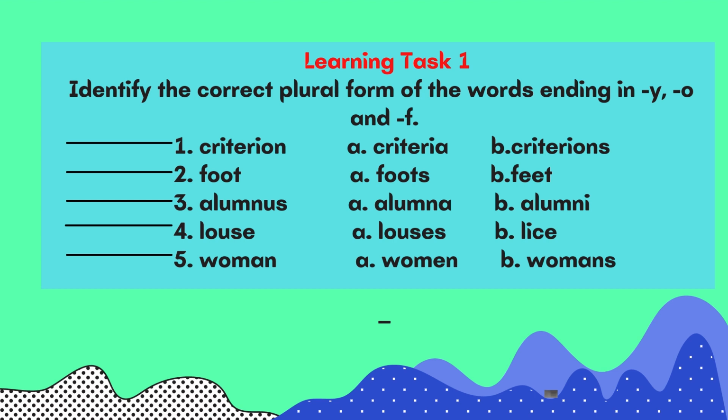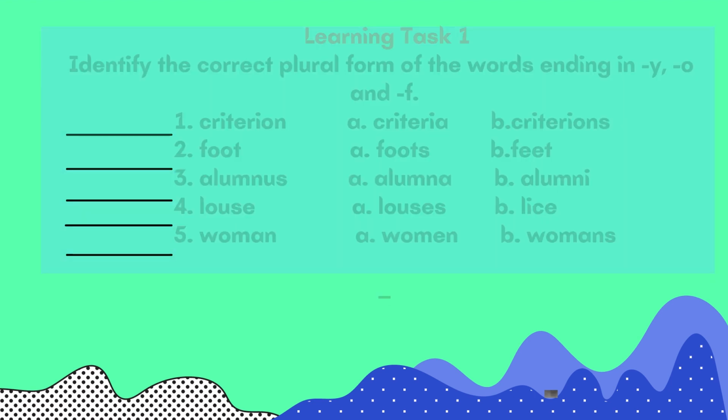Number 4, louse. A, louses. B, lice. And for the last number, woman. Is it A, women, or B, womans? Choose only the letter, children. The letter of the correct answer.